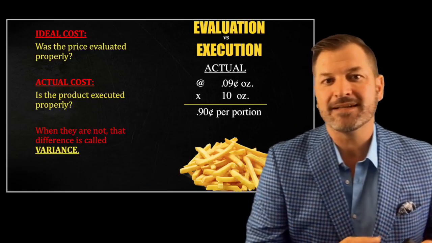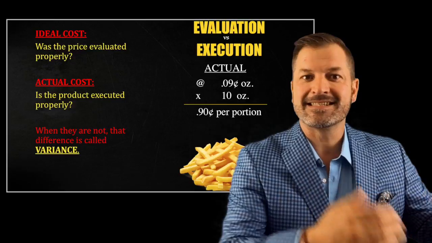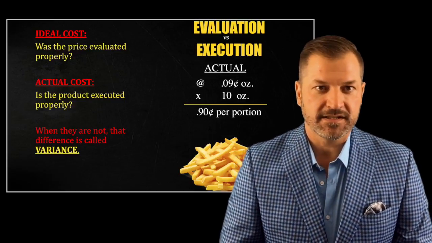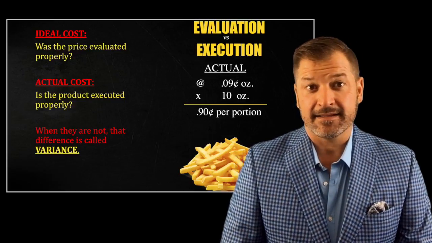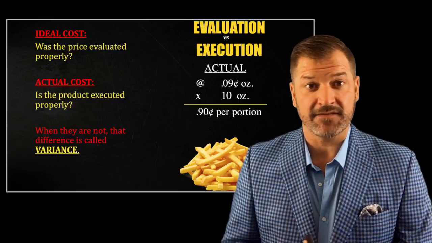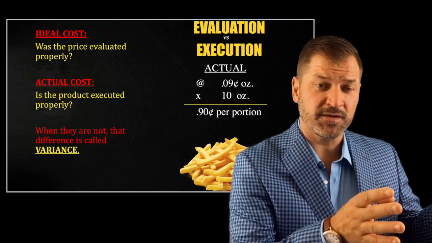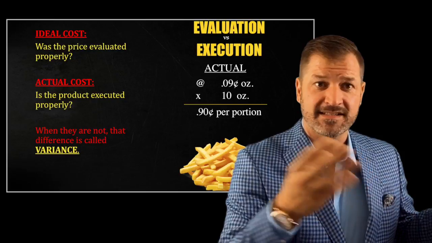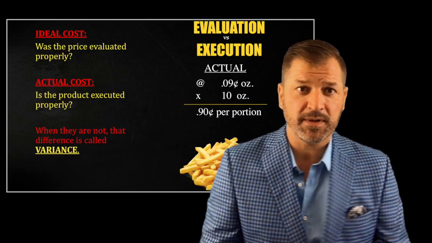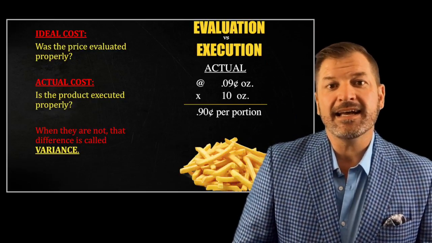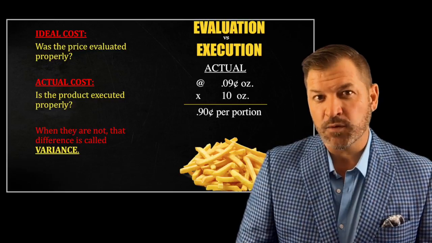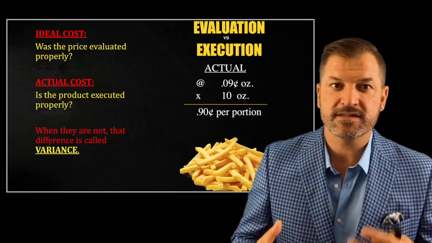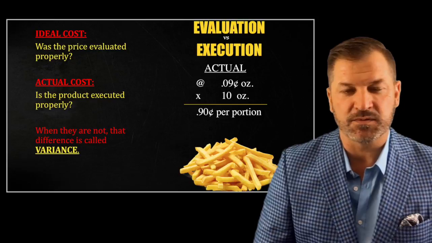So let's say I bought 10 cases of French fries to sell all of these plates with fries on them, and let's say I had 3 cases left over. According to the weight in the case and the 7 ounces on a plate multiplied by all the plates with fries, my ideal cost says I should have had 4 cases of fries left over. So this is how we figure out the difference between ideal and actual.